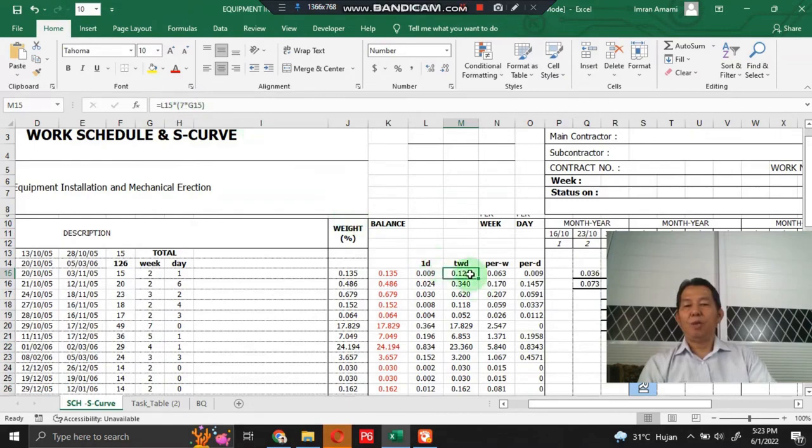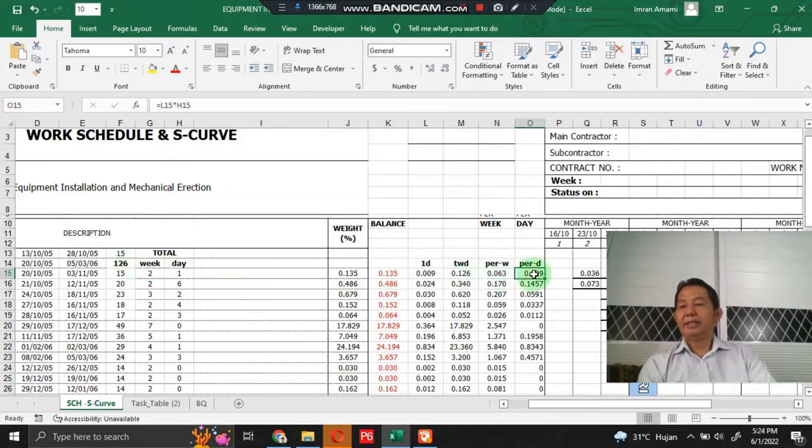So we get total weekdays. And in the cell we got the work factor per weeks.